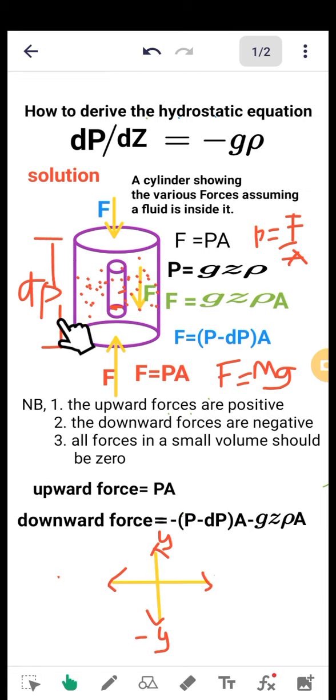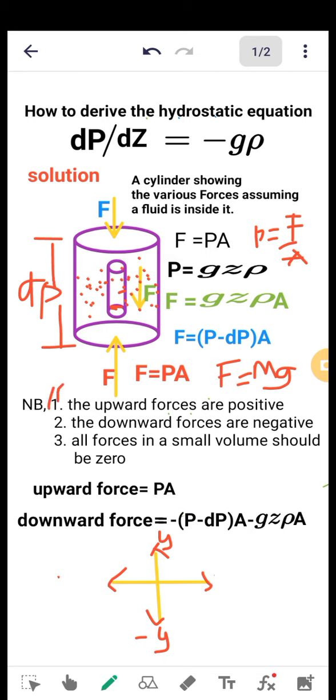There will be a small change in pressure. As I said previously, pressure at the top is different from pressure at the bottom. So we had the change to be P minus the small change, which is the dP. The dP is the small change, but it is being acted on a certain area A. And also the downward force, which is pressure times area. So these are the three conditions we need to know.